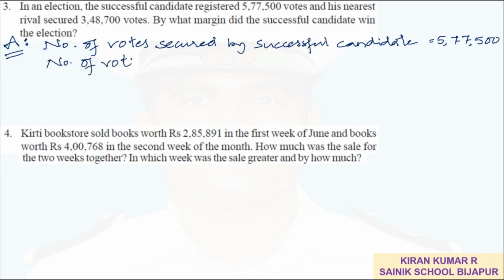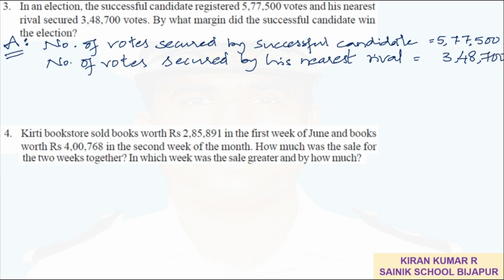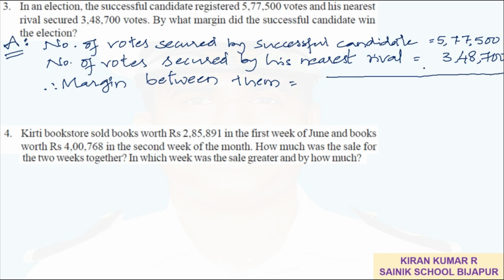Number of votes secured by his nearest rival is 3,48,700. Now to find the margin between them, I need to subtract. So the margin between them will be equal to, this is a question related to subtraction, so I'll mention this minus here.